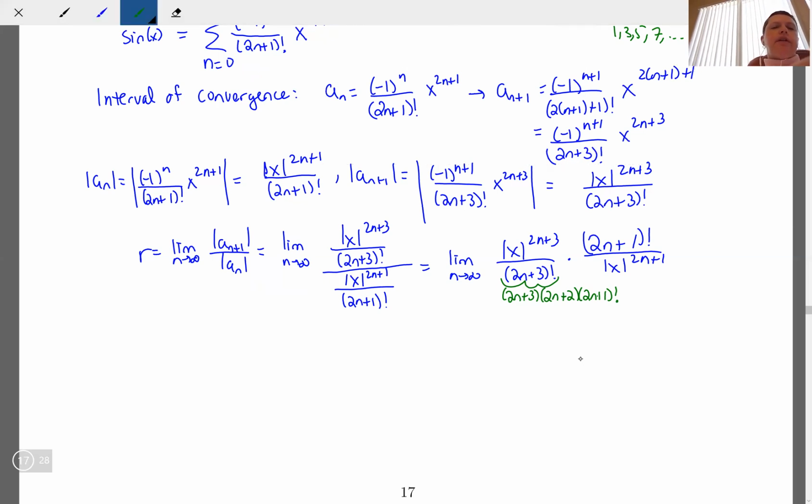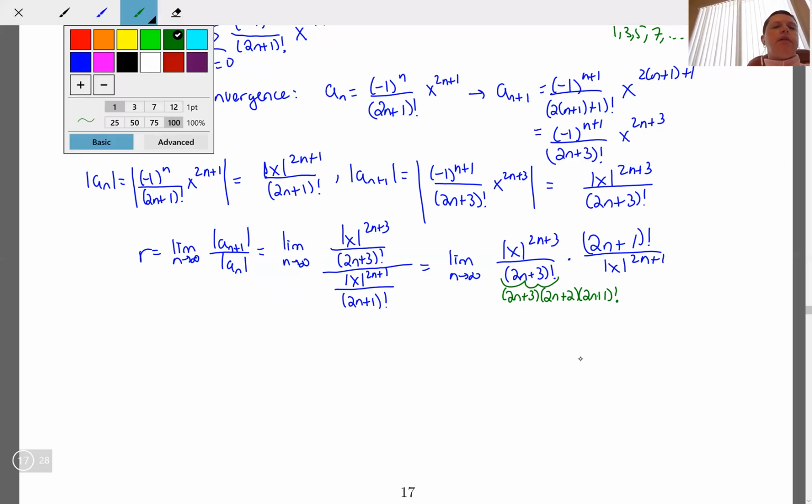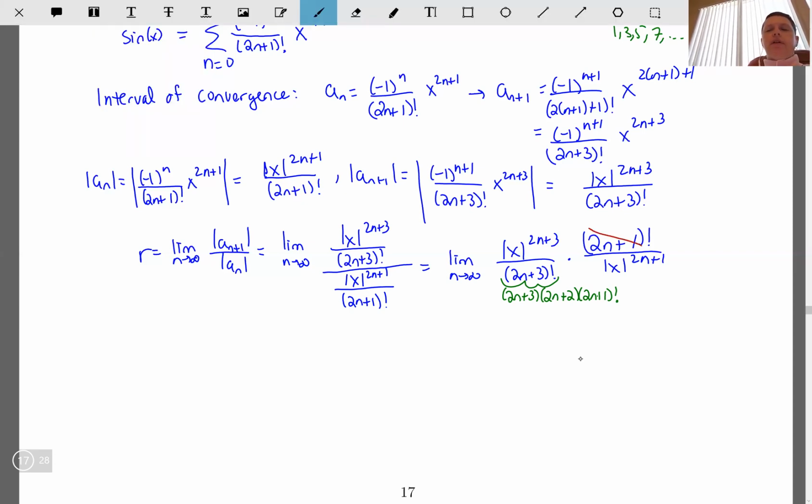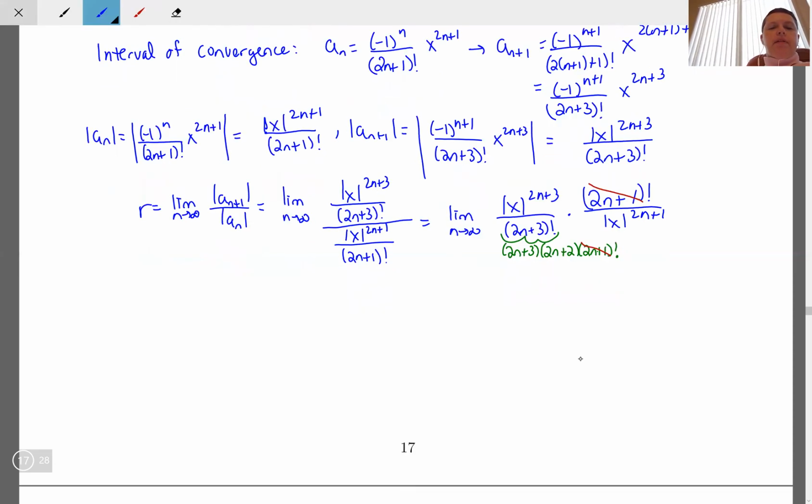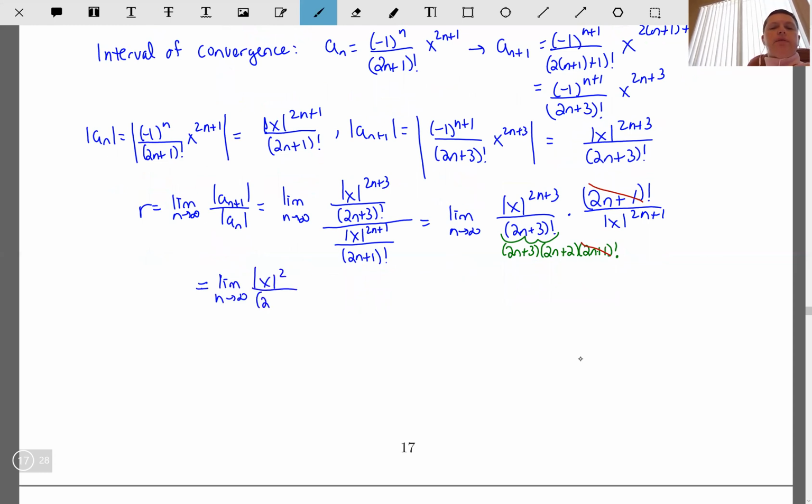So stuff's going to cancel now, as we'd like. This is going to cancel with this. Notice also that I'm going to be left with the limit as n goes to infinity of the absolute value of x squared divided by 2n plus 3 times 2n plus 2.